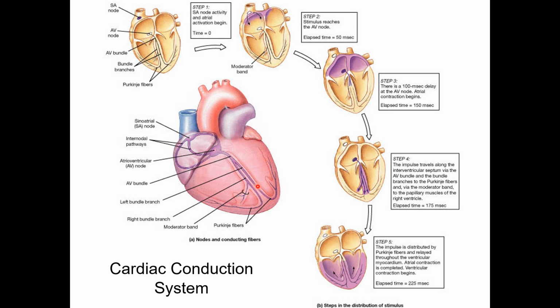The left bundle branch passes to the apex of the heart, then returns and usually divides into anterior and posterior branches for both walls of the left ventricle.